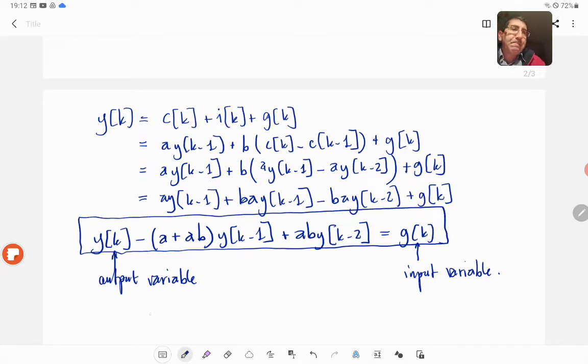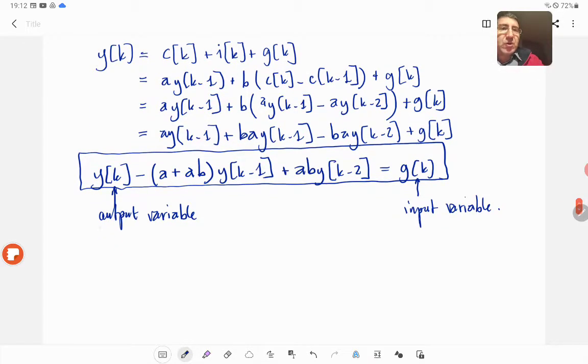Now, because we have k minus 2, it means we have a second order difference equation.